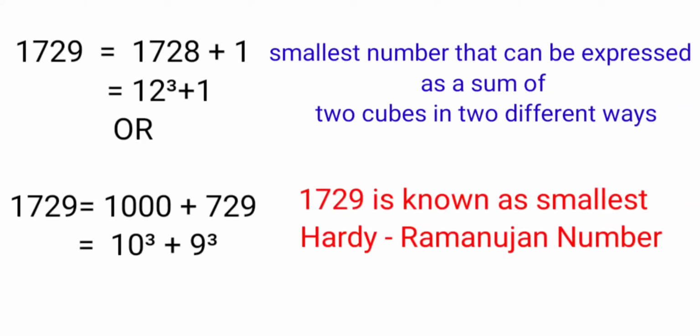So 1729 is known as the smallest Hardy-Ramanujan number, because 1729 can be written in two ways: one is cube of 12 plus cube of 1, and another is cube of 10 plus cube of 9. So 1729 is called the smallest Hardy-Ramanujan number.